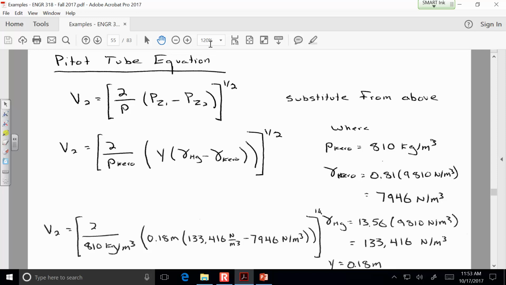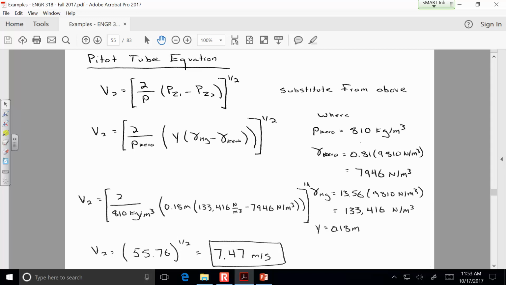And so I hope what you got on this one was that the velocity at 2 is 7.47 meters per second. So this is a relatively easy way of measuring the flow rate through the pipe. Because if we know the velocity, we'd simply multiply the cross-sectional area by that velocity, and that would turn it into a volumetric flow rate.